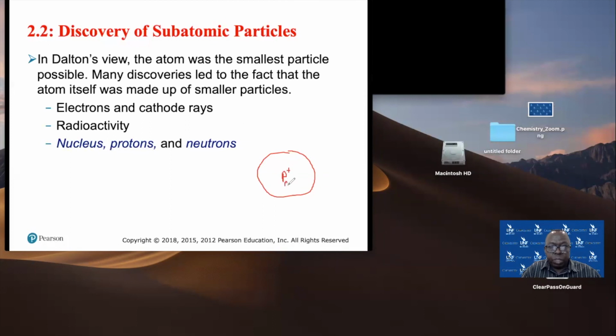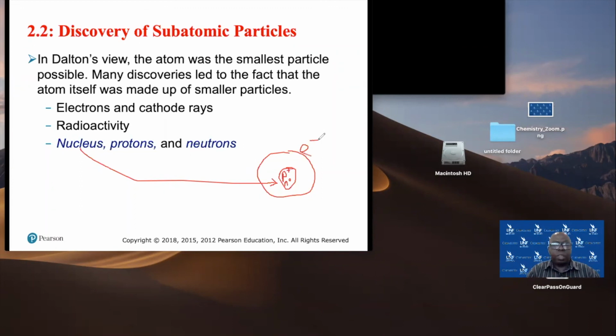So this term right here, nucleus, is the dense region where we have the protons and neutrons, and electrons are located outside.